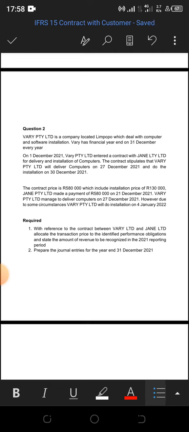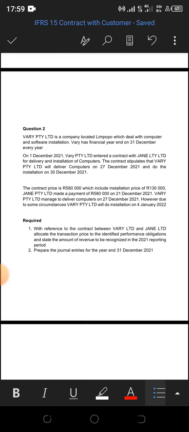Then on 1 December 2021, Vari Pty Ltd entered into a contract with Jane Pty Ltd for the delivery and installation of computers. The contract stipulates that Vari Pty Ltd will deliver computers on 27 December and do installation on 30 December 2021.